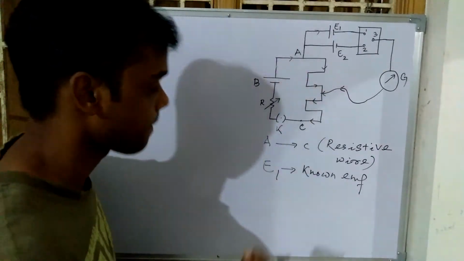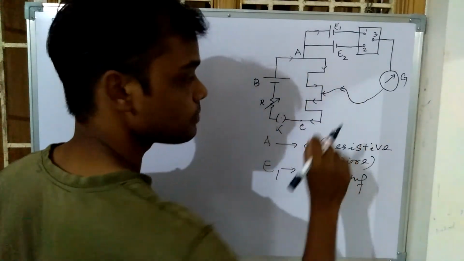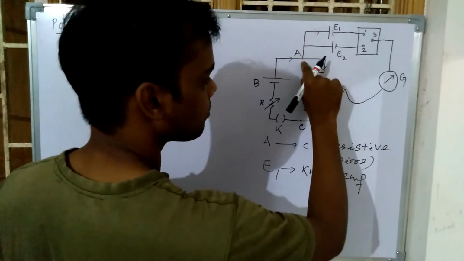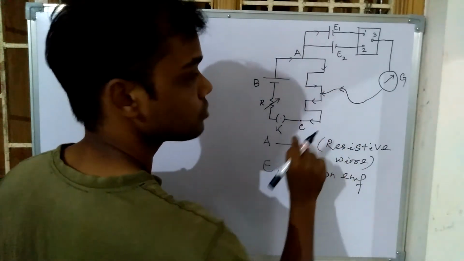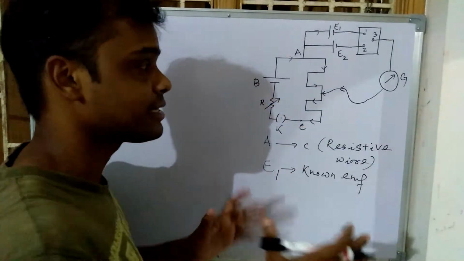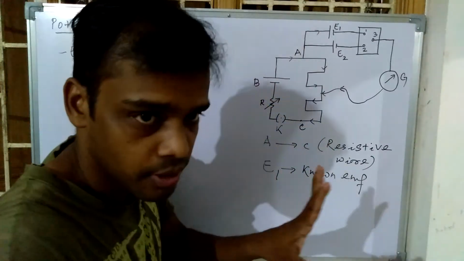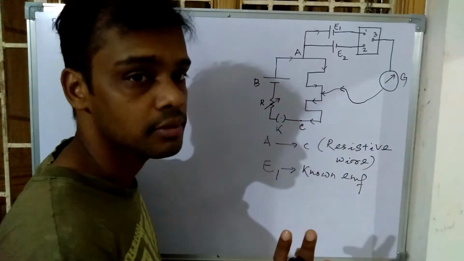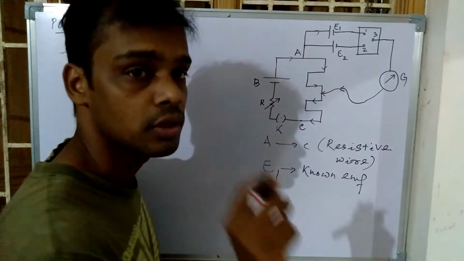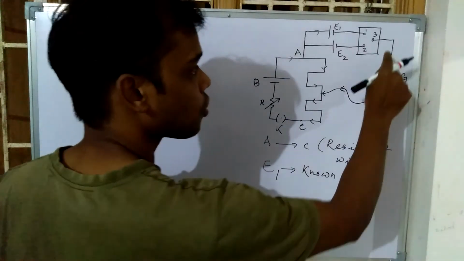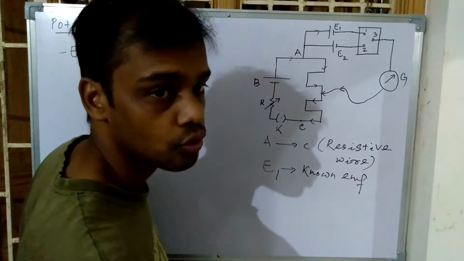I am coming again. This end is flexible. We can move it from A to C. We can connect this end at any point from A to C. At a certain or particular point, it is quite possible that the galvanometer will show 0 deflection. That means current in this path is 0.